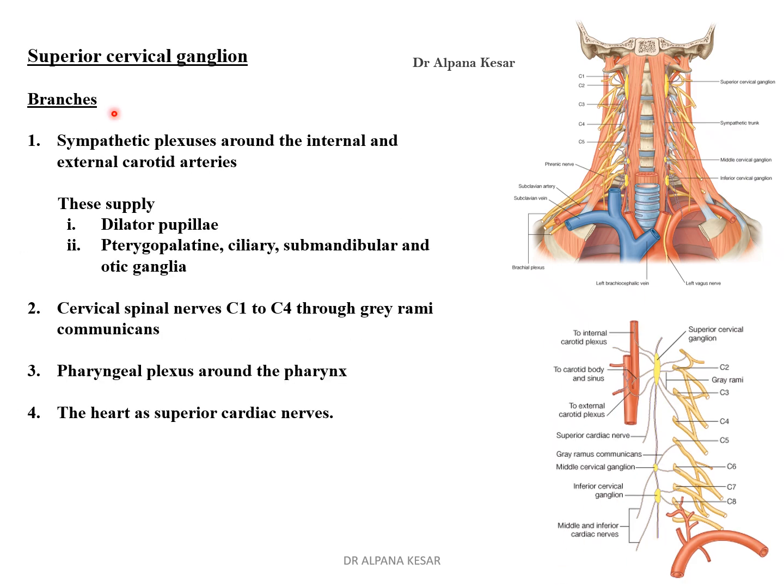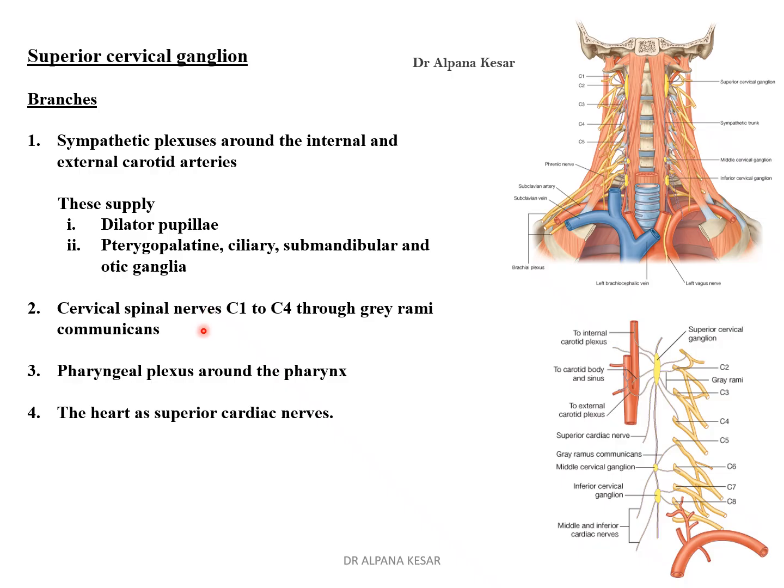The branches and the area of supply of superior cervical ganglia. The superior cervical ganglia gives branches that form a plexus around the internal and the external carotid arteries. These branches are distributed to dilator pupillae muscle, and also it is distributed via the branches of the pterygopalatine, ciliary, submandibular and otic ganglia to supply the areas supplied by these ganglia.